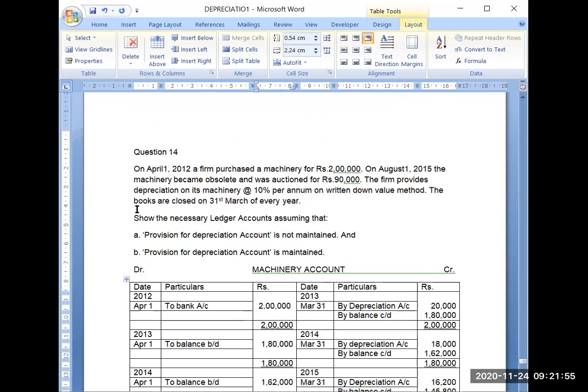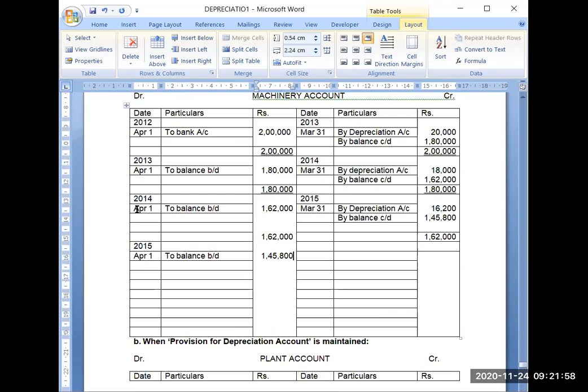Now in 2015 we have sold out this machinery on August 1.